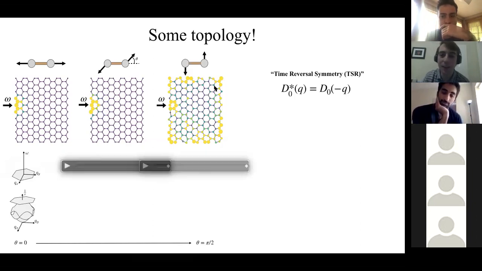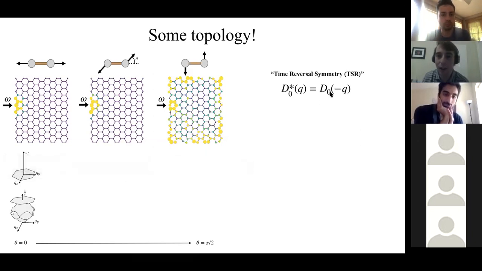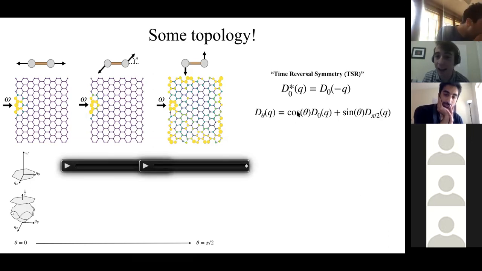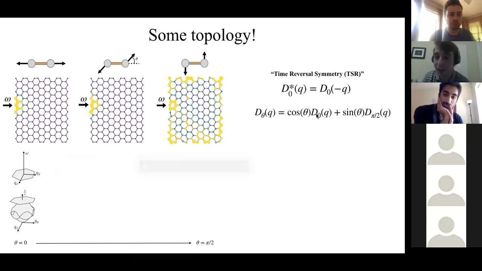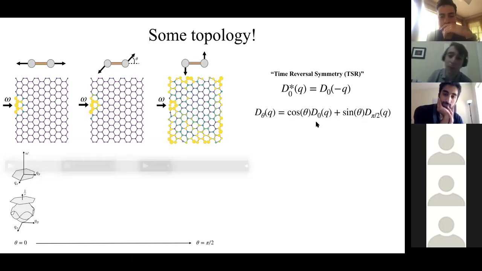So if here's my dynamical matrix originally, it has this time reversal symmetry, which in the case of mechanics just comes from the fact that the forces and displacements are real. Now I can write this entire dynamical matrix for all the cases as the sum of 2 pieces, the dynamical matrix at 0 and the dynamical matrix at pi over 2.